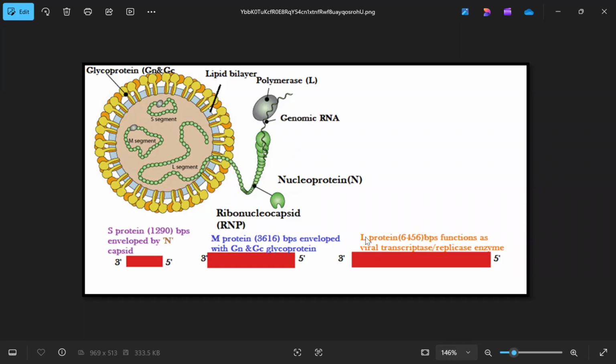And the L segment is coding for the actual viral transcriptase and the replicase enzyme. So it's going to transcribe and replicate. So this is really important in terms of replication and in terms of transcribing.